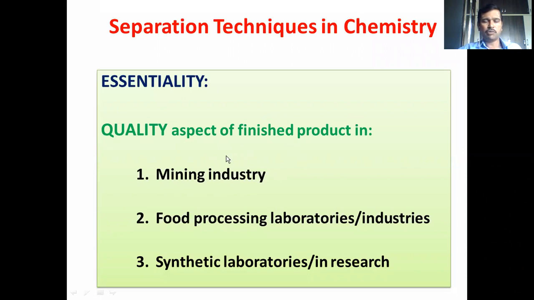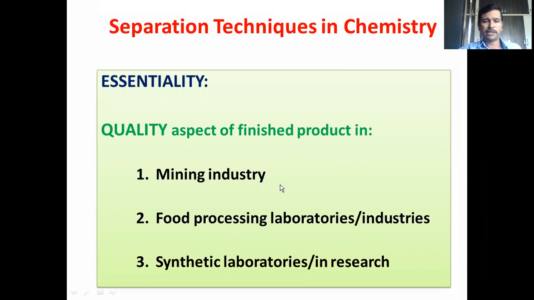That is nothing but the quality. That is nothing but the purity. In the gold mining industry, if you go, we are intended to obtain pure gold. If the gold is having impurity by the oxides of something or by sulfates of something, then we will lose the interest to use that particular gold, and we can say that that gold is impure. Therefore, the quality aspect is very important in using the final finished product.